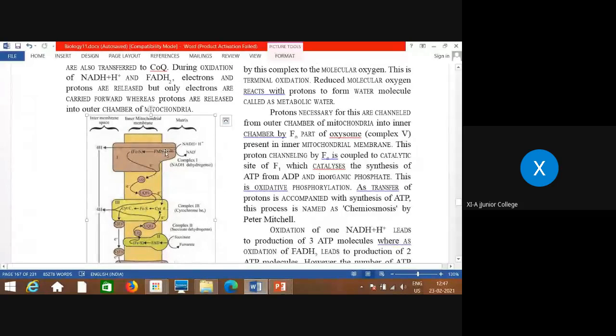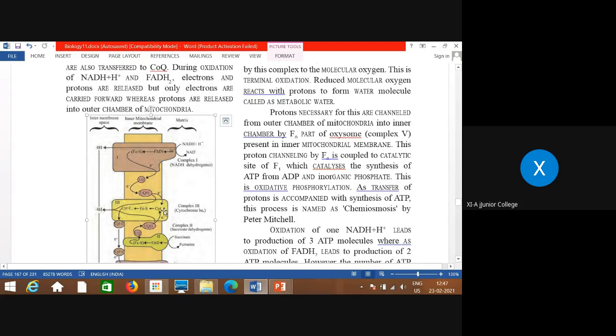That means this is the first ATP generation when we are using NADH2. So this is the first ATP generated. Here it is not shown, but remember that this is the first. Then through ubiquinone to ubiquinol, these electrons are transferred to complex 3, called cytochrome BC1 complex.